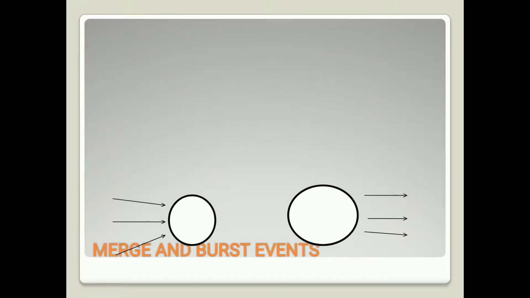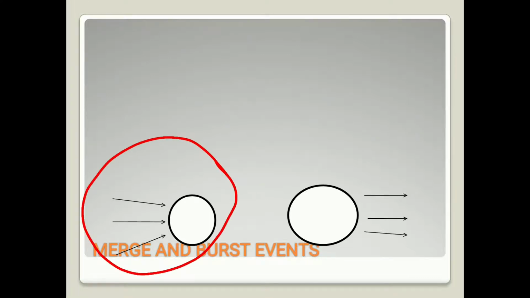Now let's learn about merge event and burst event. What is meant by merge event and what is meant by burst event? Seeing here in the diagram, the arrows are coming into a circle. Let's take the arrows as activities and the circle as an event or node.